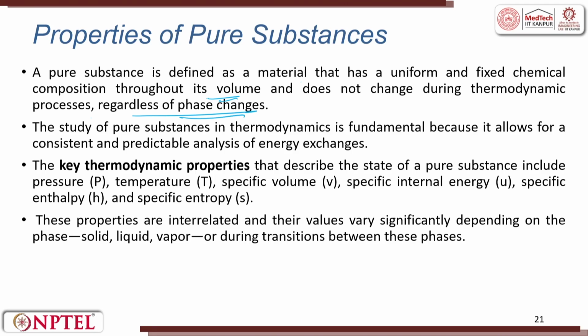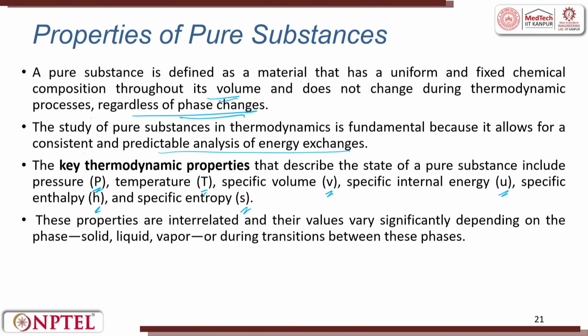This type of pure substance in thermodynamics is fundamental because it allows for a consistent and predictable analysis of energy exchange. So, the key thermodynamic properties are going to be pressure, temperature, specific volume, specific internal energy U, enthalpy and entropy.